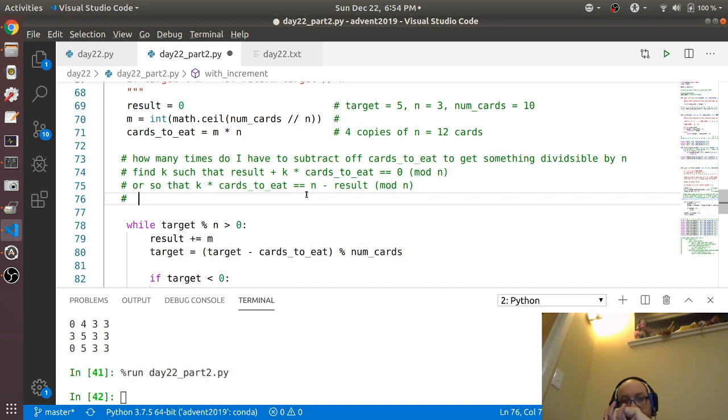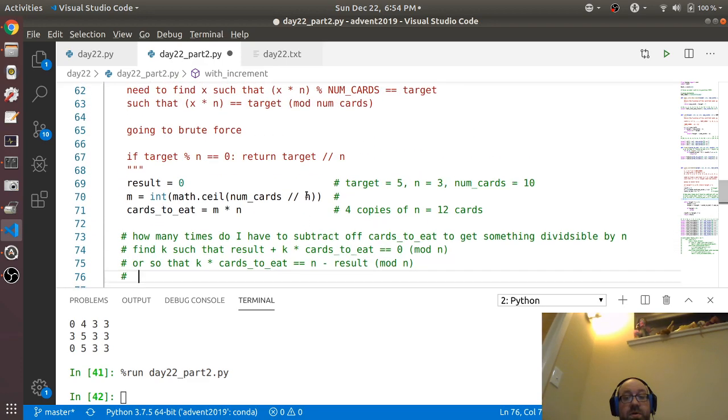So if I have 1 and I subtract off 12, that's minus 11, which is still 1. Of course, it's still going to be 1. So I'm thinking about this wrong.